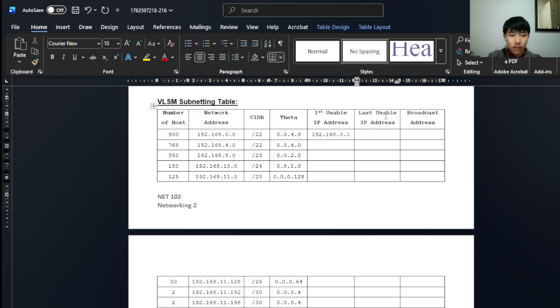Before we get the last usable IP address, we will need to first finish deriving the broadcast address.